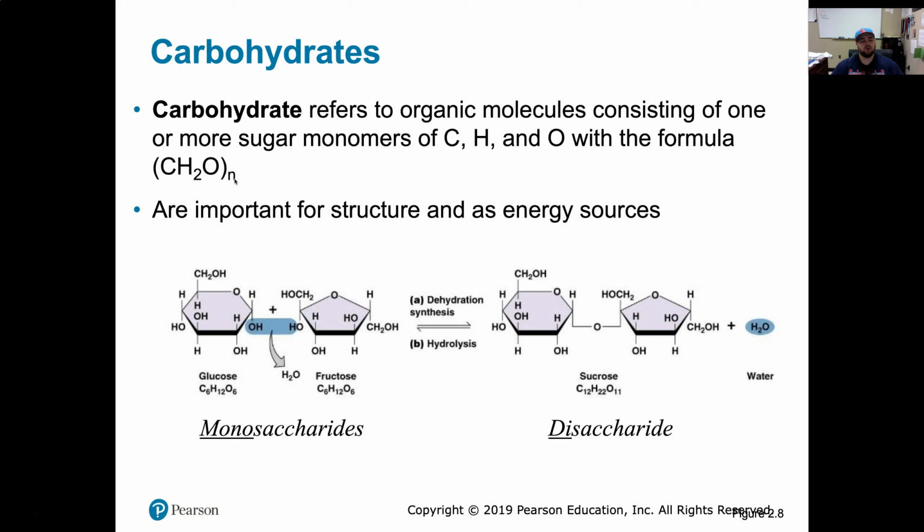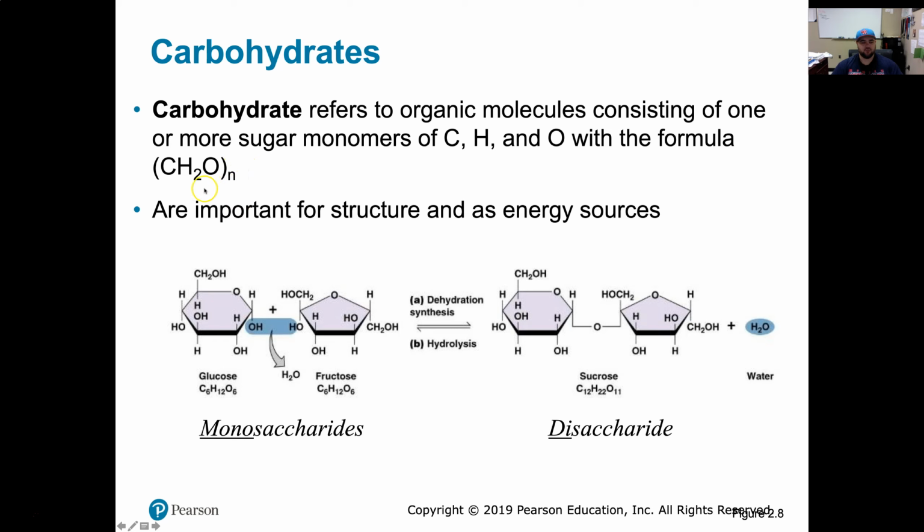So for glucose, C6H12O6, it would have been C6, H2 times 6 gives you 12, and then O, since it has N, would have been 6 as well. Essentially what I'm doing, basic math, distributing the N to each element.